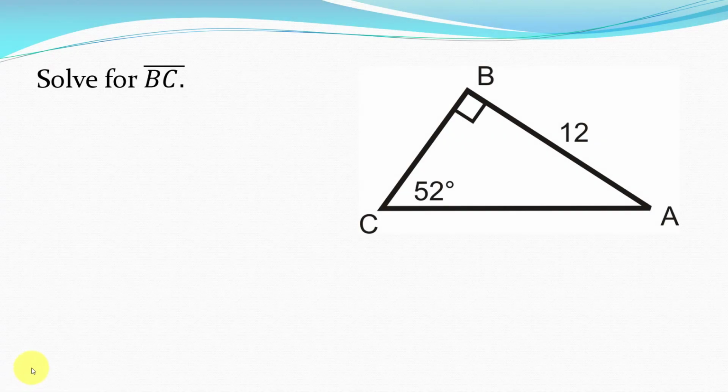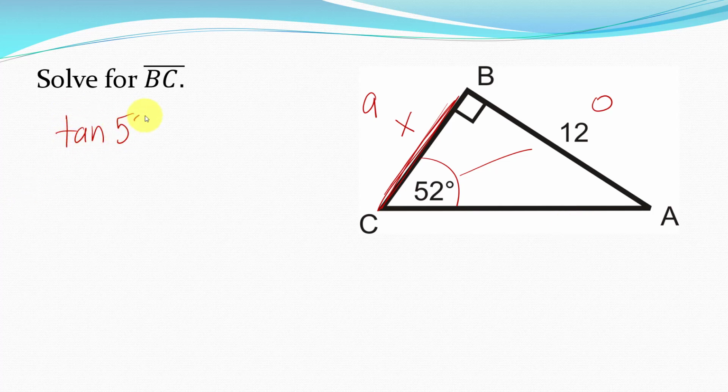Okay, solve for side BC. So we're looking right here. That is, we'll call it x. All right, so this is opposite. This is adjacent. We're not using the hypotenuse. So that is our tangent function.